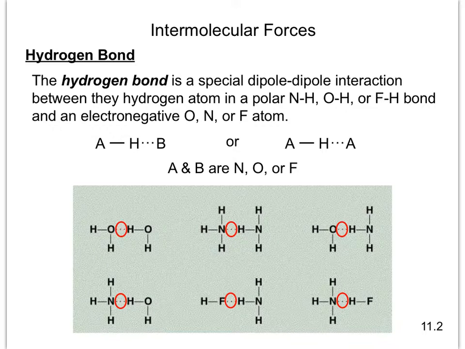And so you get this attraction between the slightly negative O, N, or F and the slightly positive H. It only happens when hydrogen is bonded to O, N, or F. So that's important.